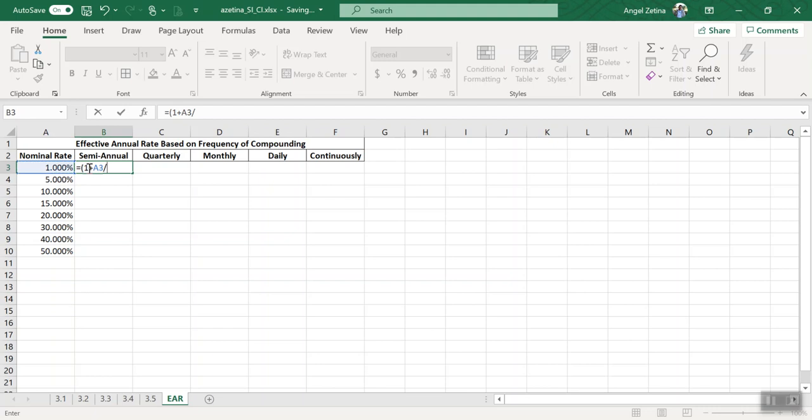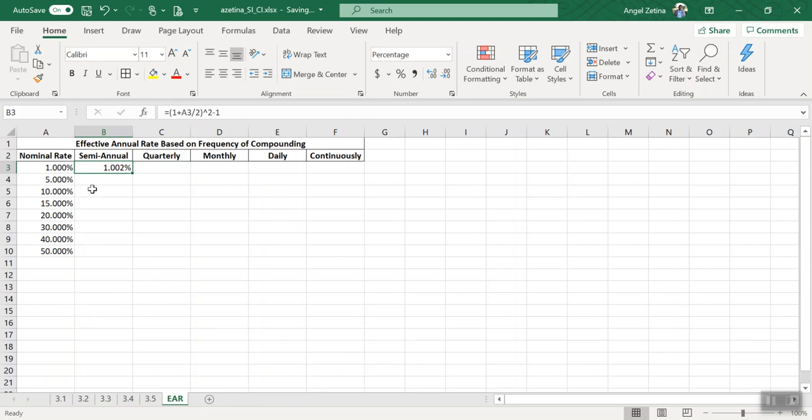Notice that the frequency of conversion here is 2 because it's semi-annual. Then we raise it to the power of 2 because that's the frequency of conversion, minus 1. That will give us the rate as a decimal. We're now going to change this to a percentage and increase the decimal to 3 decimal places.